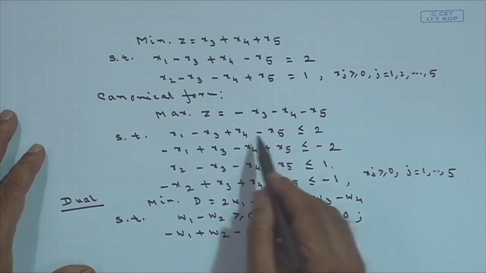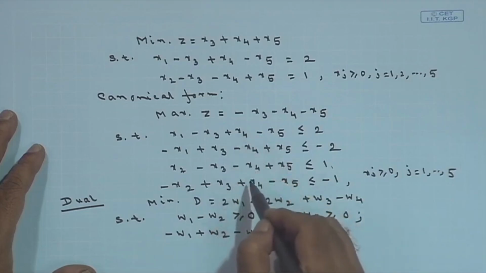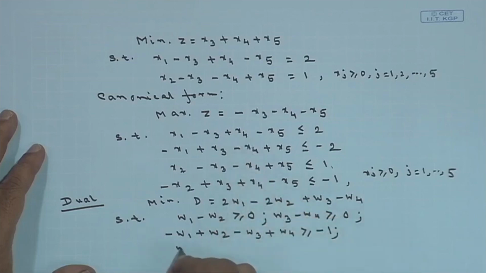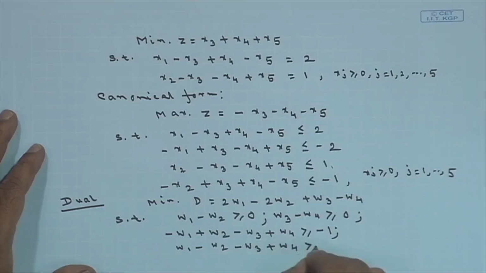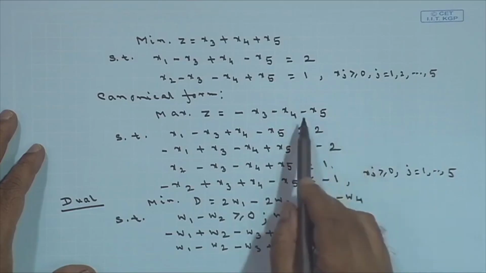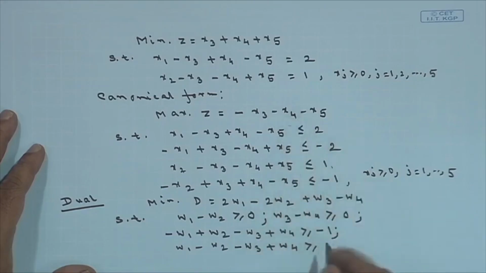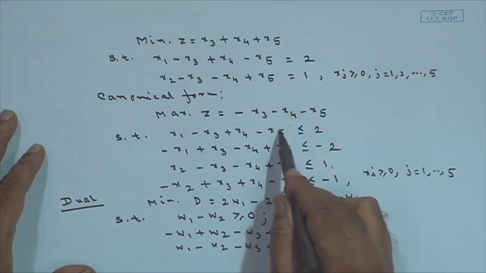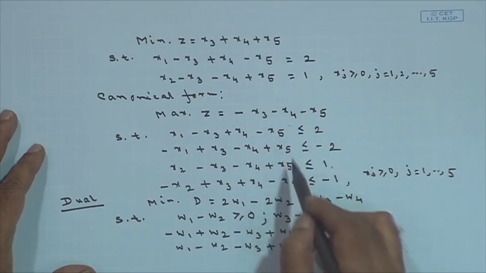Then the next one will be coefficients corresponding to x4, that is it will be w1 minus w2, like this way I have to write down w1 minus w2 minus w3 plus w4. This is greater than or equal to, again the coefficient of x4 in the objective function, which is minus 1, and the last one is x5, which is present in all 4 constraints.